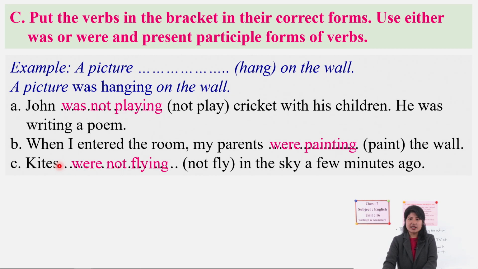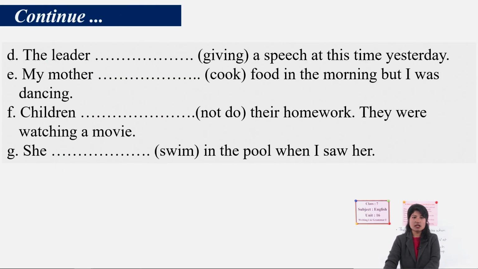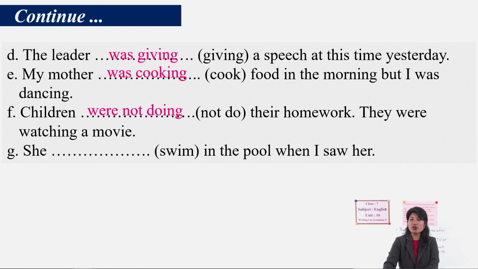Likewise, let's continue some more exercises. D. The leader giving, already giving is there, so we just add was giving a speech at this time yesterday. Number E. My mother was cooking food in the morning, but I was dancing. Number F. Children were not doing their homework, they were watching a movie.